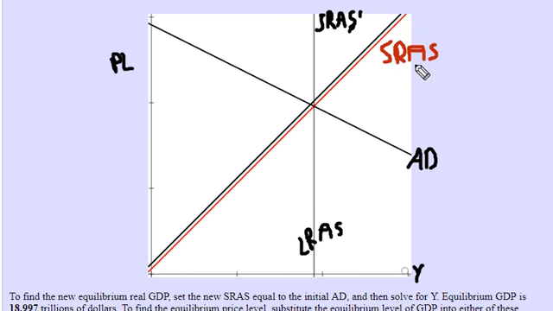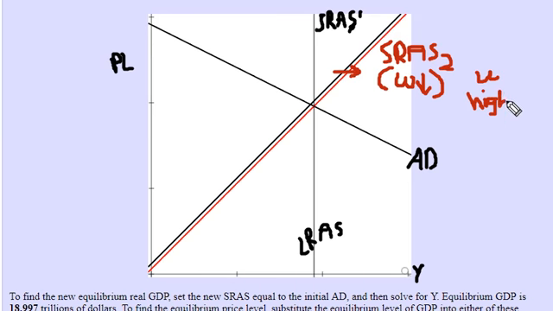And the increase in short run aggregate supply was caused by wages falling, right? Wages fell, right? Because unemployment was high.